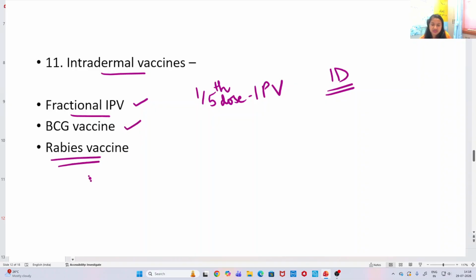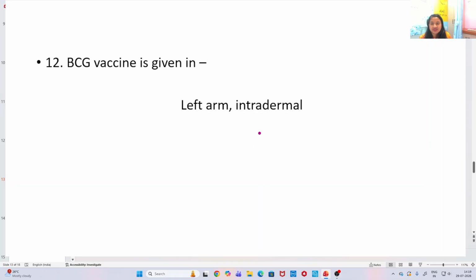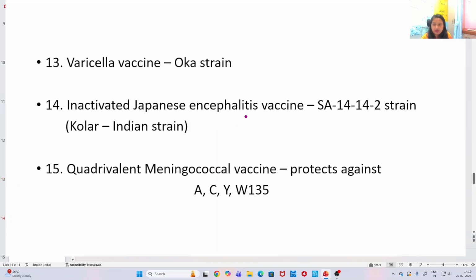Rabies vaccine is actually given intramuscular, but in resource poor settings it can be given intradermal also, because less volume of the vaccine is required. So intradermal vaccines are fractional IPV, BCG and rabies vaccines. BCG vaccine is given in the left arm and by the intradermal route.